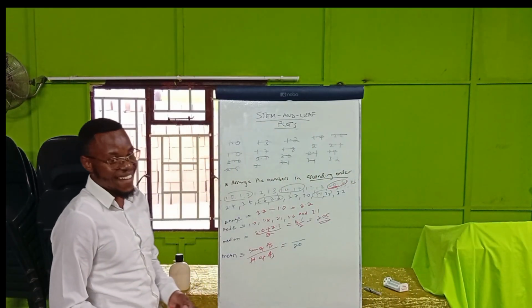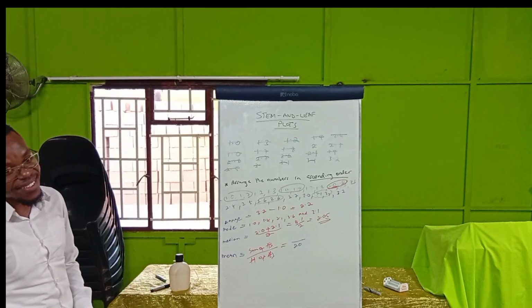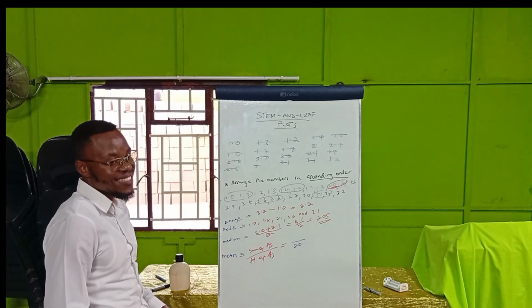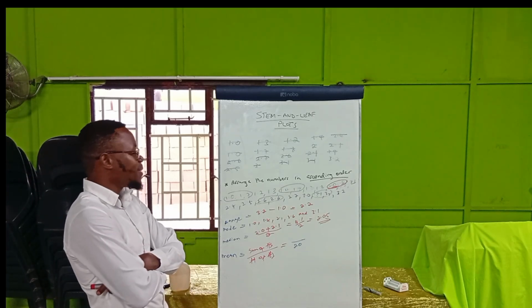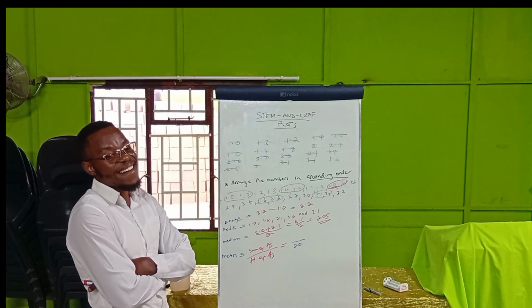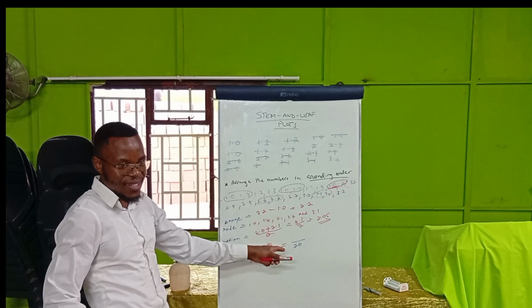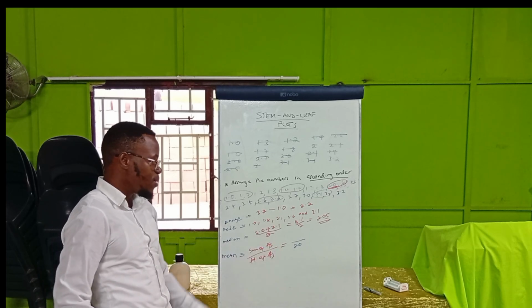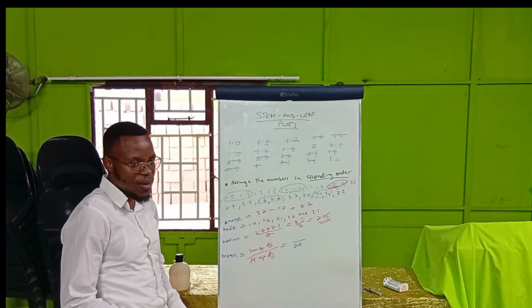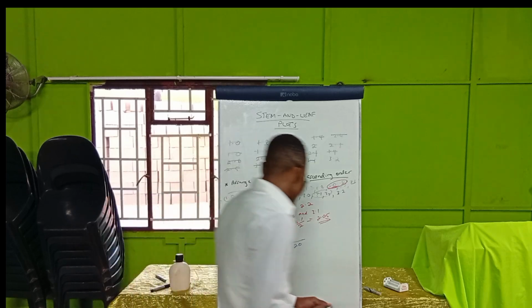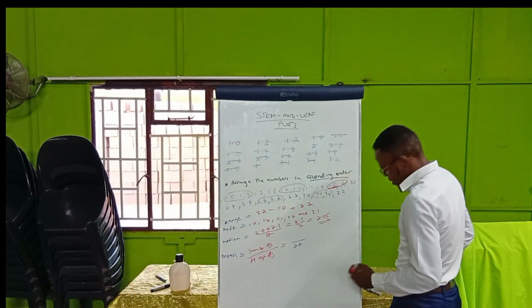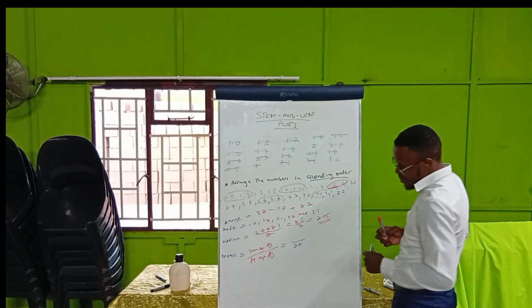What's yours as well? 21.1? No, it can't be. Divide by 20. Yes, divide by 20. It might be the correct one. 2.1. Yeah, so that means what?